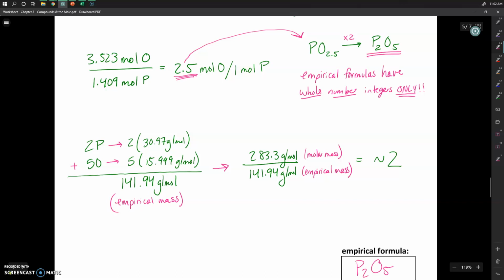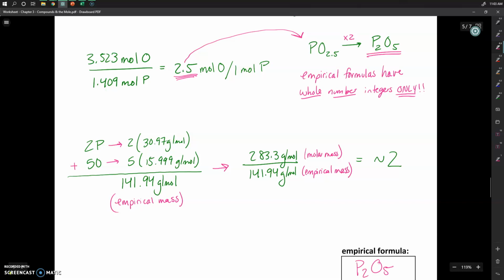And so if we compare the molar mass to the empirical mass, we should get a roughly whole number ratio, which is then going to tell us how to multiply the empirical formula to get the molecular formula. It also would be how you would multiply the empirical mass to get the molar mass.